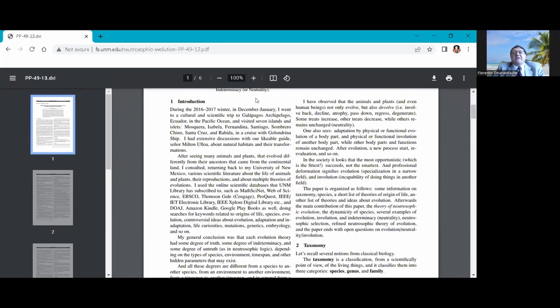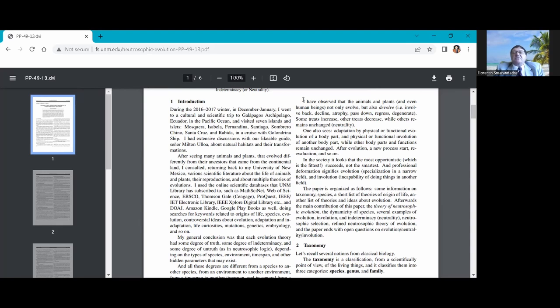So I observed that the animals that were studied, when I had a trip to Galapagos and visited the island that Darwin saw, the birds that migrated from the continent to the island could fly, but later, after a while on the island, they could not fly any longer.